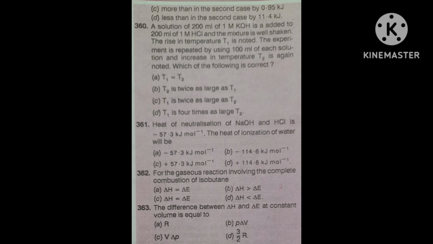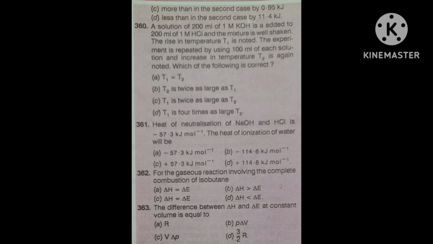For 1 ml T2, then for 200, 200 into T2. Actual heat evolved in the second case is equal to 100 plus 100 into T2. This is in terms of T2.